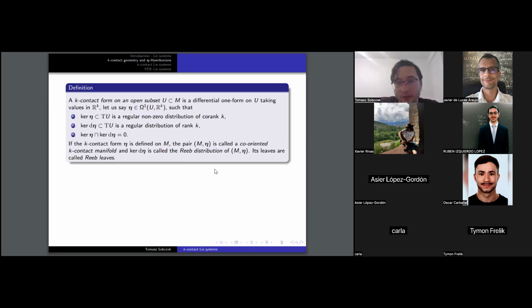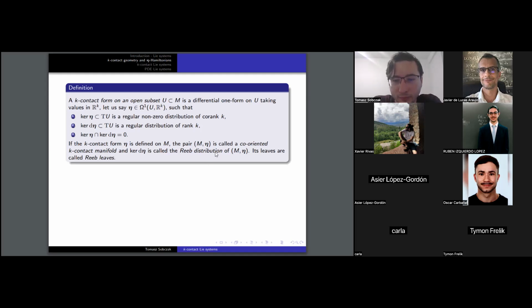The problem is that on a one-dimensional manifold, for example R, eta equal to dx normally satisfies all the axioms written there, apart from the fact that its kernel is non-zero.